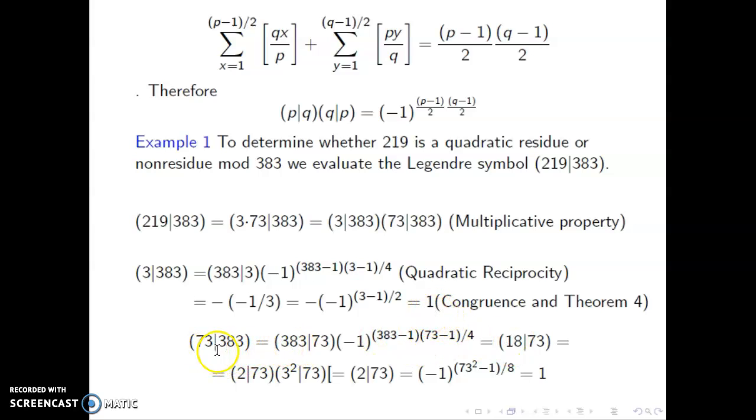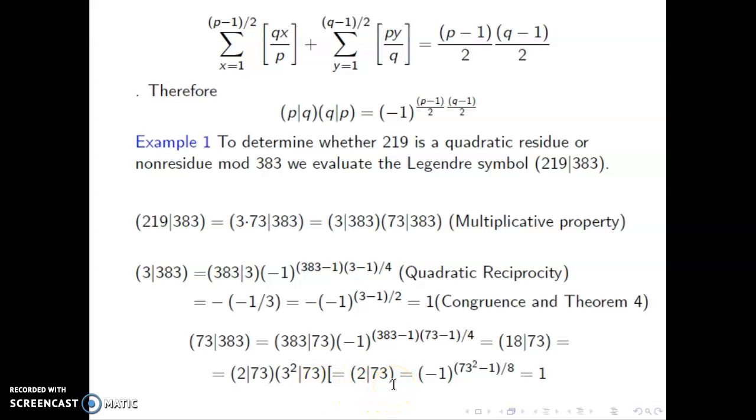Now again similarly I evaluate 73 over 383, which using quadratic reciprocity I get this. When I reduce it, I get 18 over 73. I can use the multiplicative property and write this as 2 into 3 squared. So 2 into 3 squared over 73 is 2 over 73 into 3 squared over 73. 3 squared being a perfect square is always equal to 1 over 73, and therefore this is equal to 2 over 73.